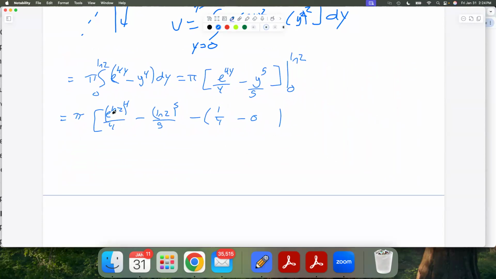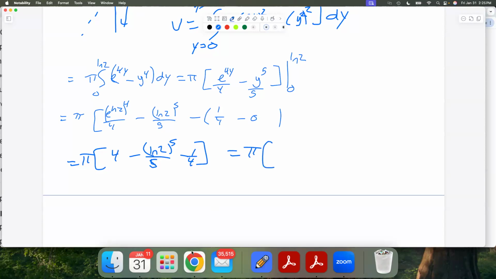So e to the ln of 2, e and ln cancel each other out. We get 2 to the 4th, which is 16 over 4. So we get 4 minus ln of 2 to the 5th power over 5 minus 1/4. So it'd be 15/4. 16/4 minus 1/4.